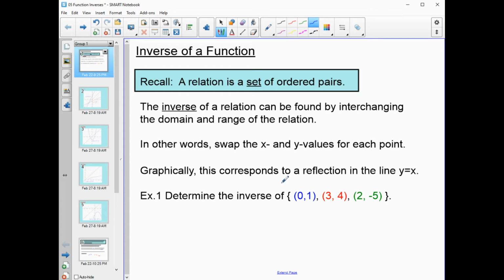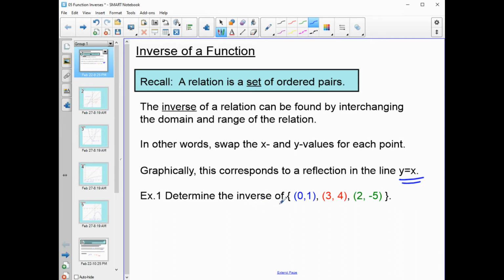Now, up until this point, you've learned about reflections, in particular reflections in the y-axis when it comes to parabolas. But we're going to be looking at a different type of reflection here, a reflection in the line y equals x. And I'm going to illustrate that to hopefully make that very clear to you.